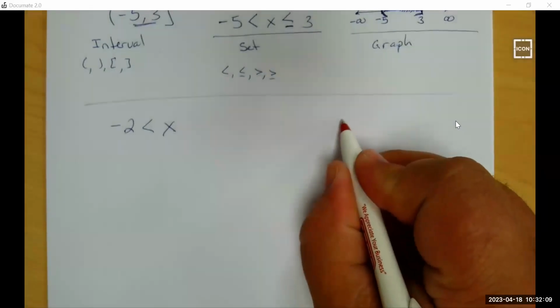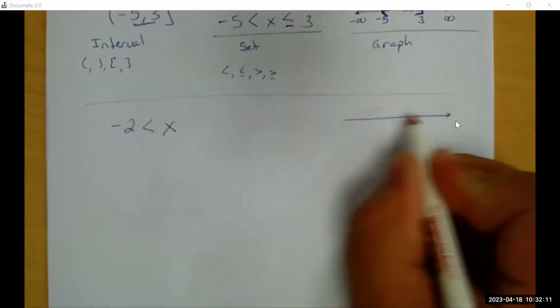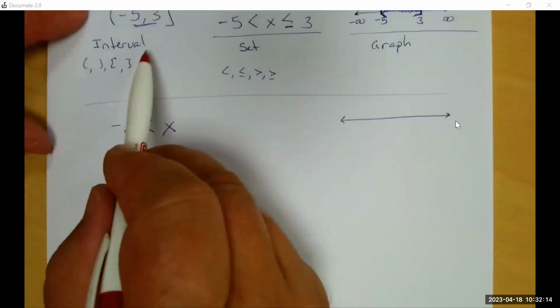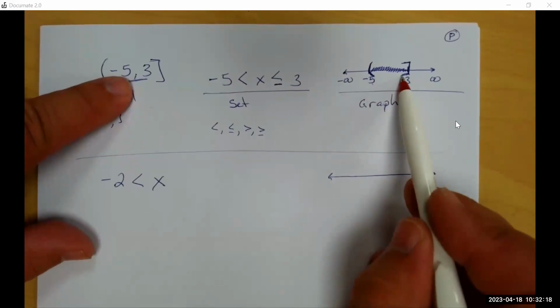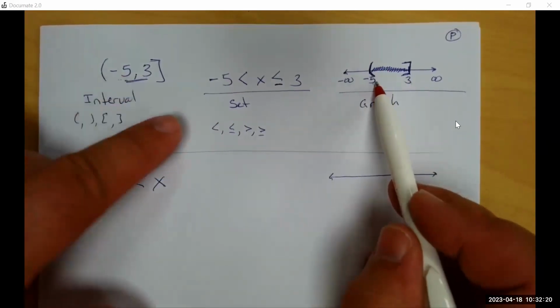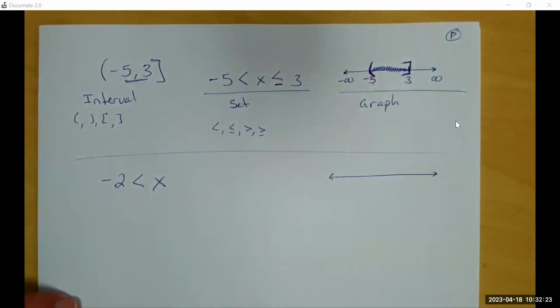Listen, always put it in graphical form first. And that's what we did in the last one. We put -5 and 3. We knew it had to be between there. So the x has to be between the -5 and 3.